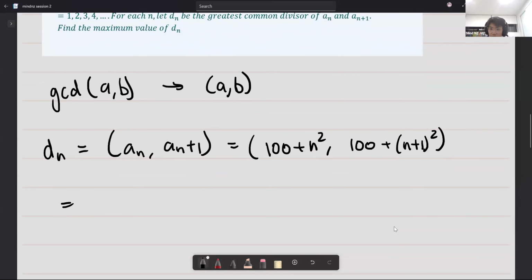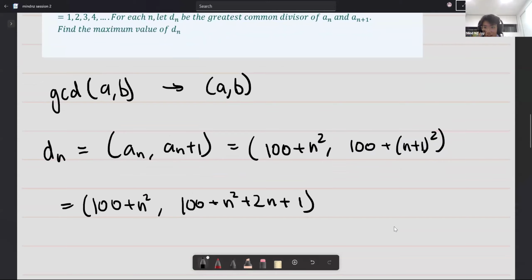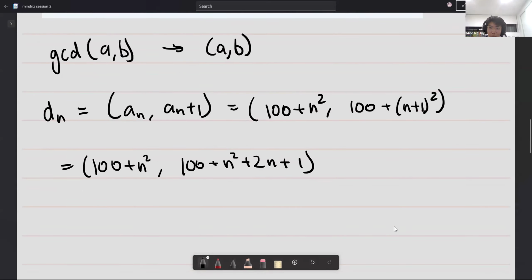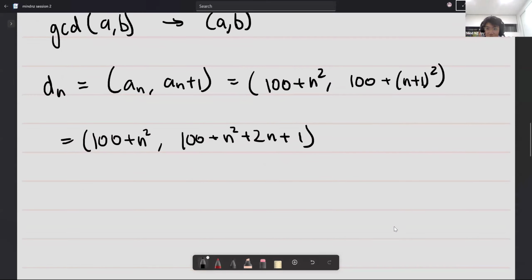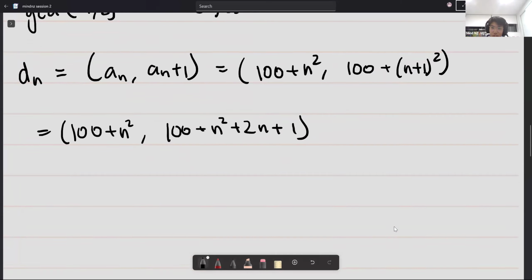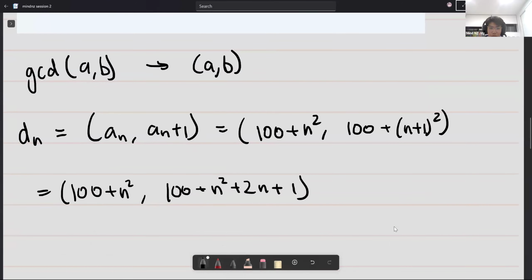Now if we expand this one, we get 100 plus n squared plus 2n plus 1. Now this looks a bit tricky, but you can use the very cool hint that Hao-Tian told us, which is to use the Euclidean algorithm.